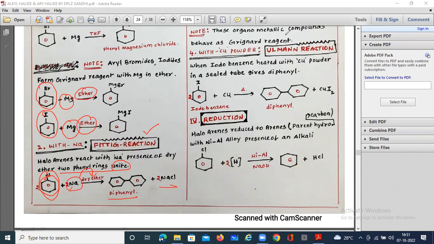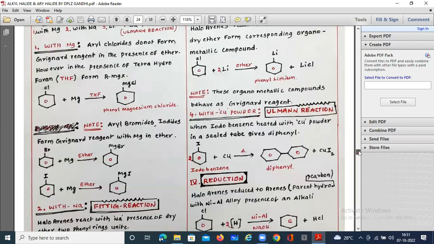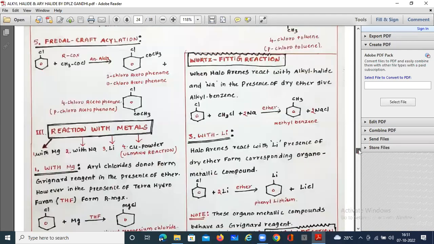Okay, next, chalo. This is the second one. Go to the third one. The third one will be the Wurtz-Fittig reaction, the continuation of Fittig. What is the Wurtz-Fittig reaction? When haloarenes react with an alkyl halide, RX, in the presence of sodium metal in ether, it is the Wurtz-Fittig reaction.